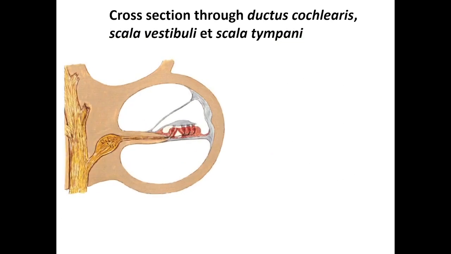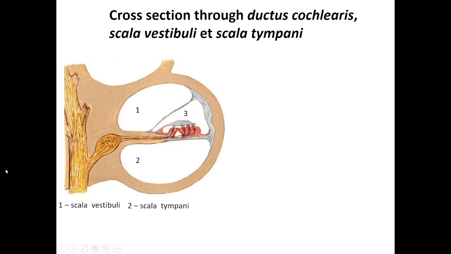And now again, a cross-section through ductus cochlearis, scala vestibuli, and scala tympani. What is this? Number 1. Scala vestibuli, you are right. Number 2, scala tympani. Number 3, ductus cochlearis. Number 1 and number 2 are parts of labyrinthus osseus, but number 3 is part of labyrinthus membranaceus.